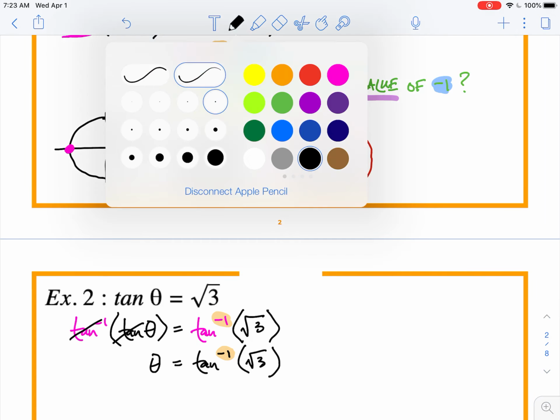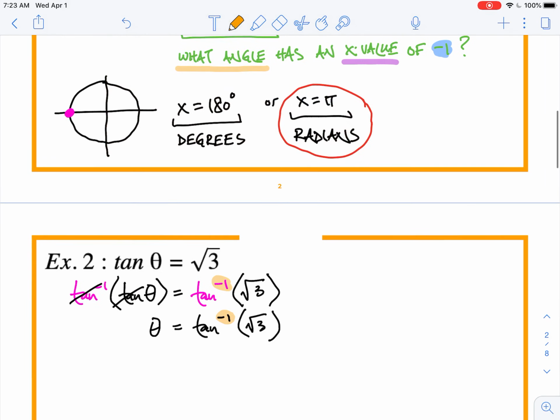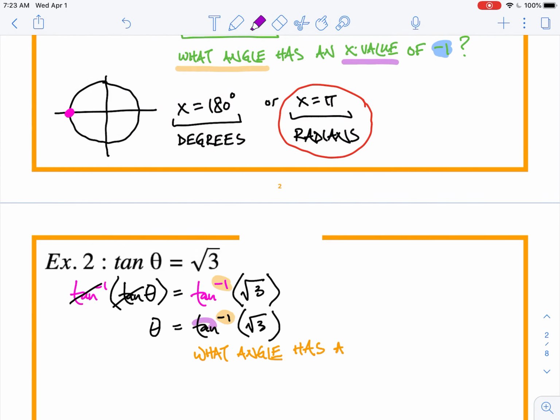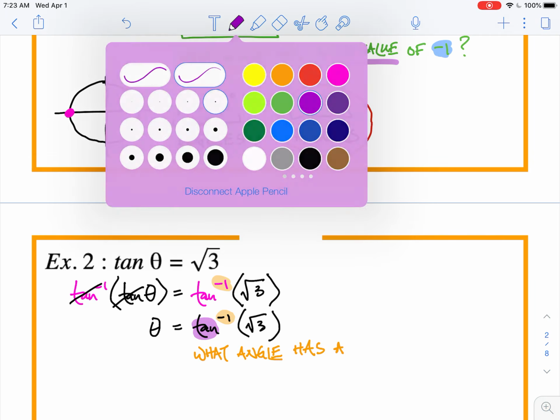So this -1 tells us what angle has a tangent.